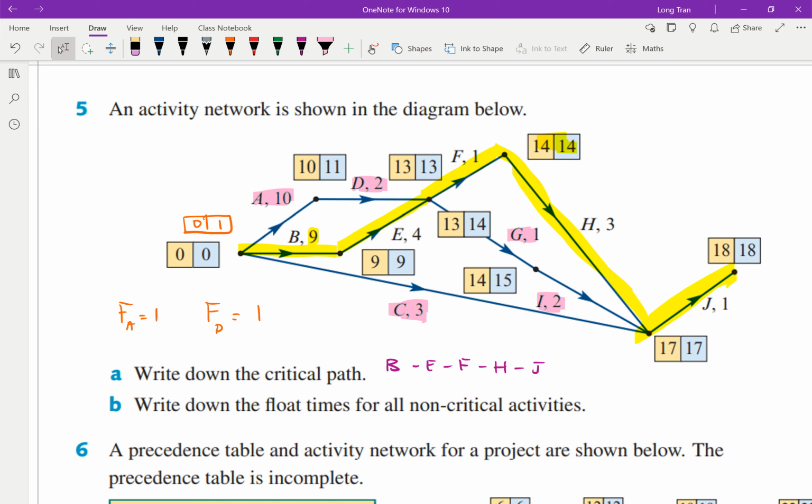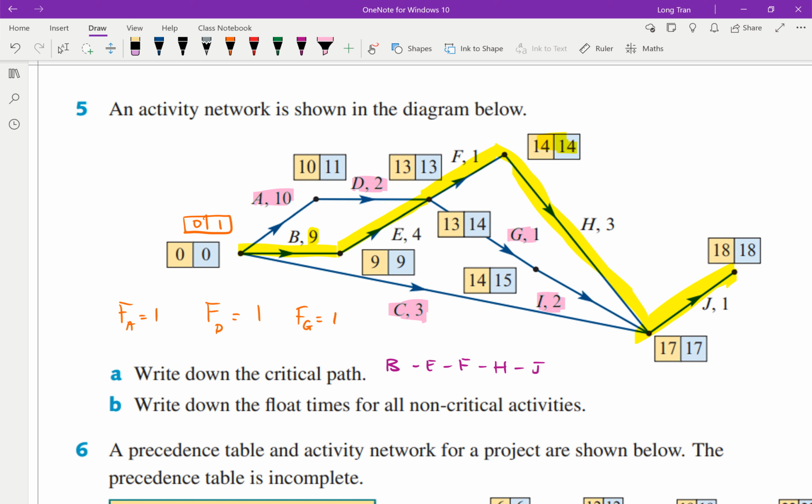And then what else is there? There's G. So G has 13 and 14 there. Float for G, 13 and 14 clearly has a float of 1. 14 minus 13 gives you that leeway. So they don't have to start exactly at 13. They can start at 14, which gives them a float time of 1.